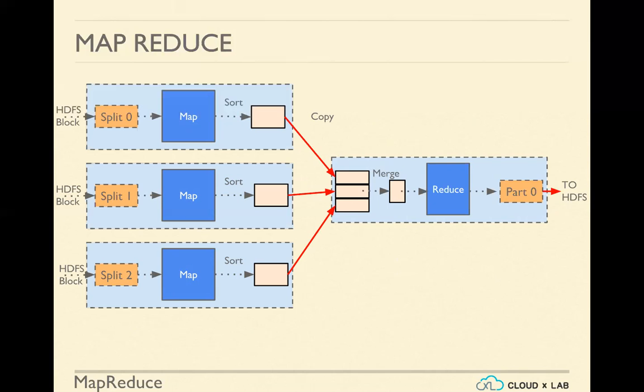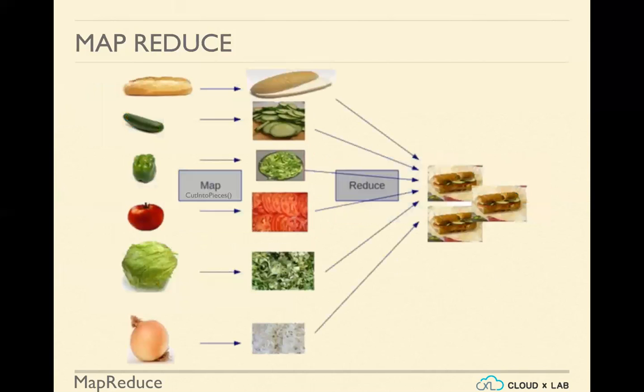All right, so we can choose to have no reducer. You can always think of MapReduce in terms of this. For example, let's say we want to make a burger. In the mapper phase, each individual part is being sliced into something else.